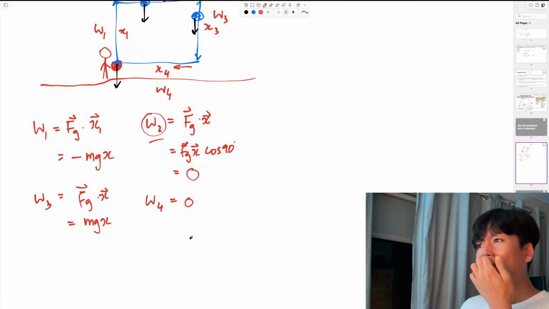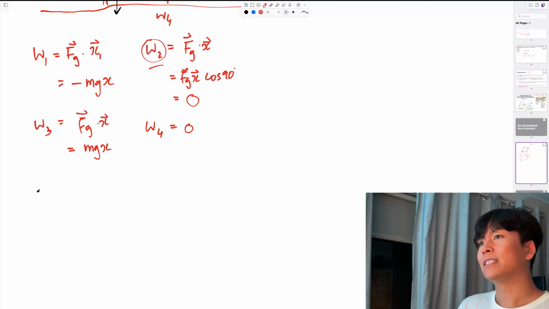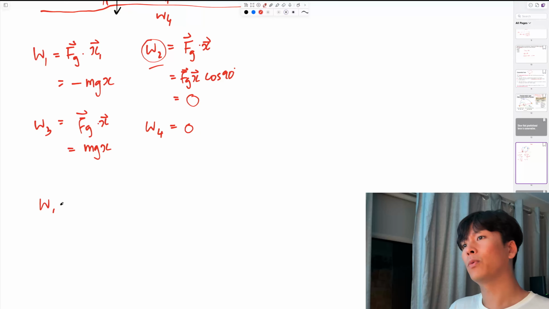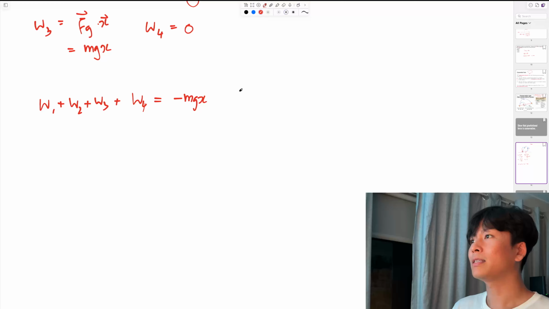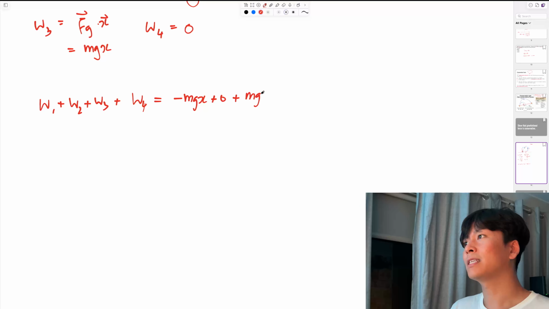And so if I add up all the work done by gravity here, work 1 plus work 2 plus work 3 plus work number 4, you are going to see that that equals minus mgx, plus work number 2 which is 0, plus work number 3, mgx, and then plus work number 4, which is also 0.